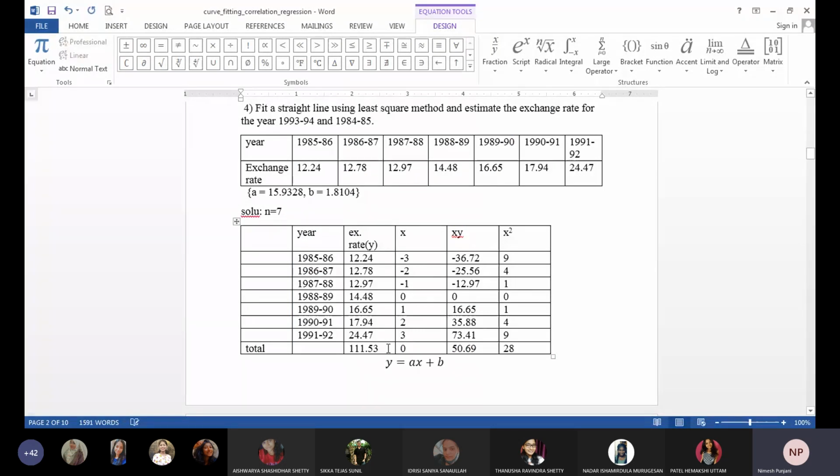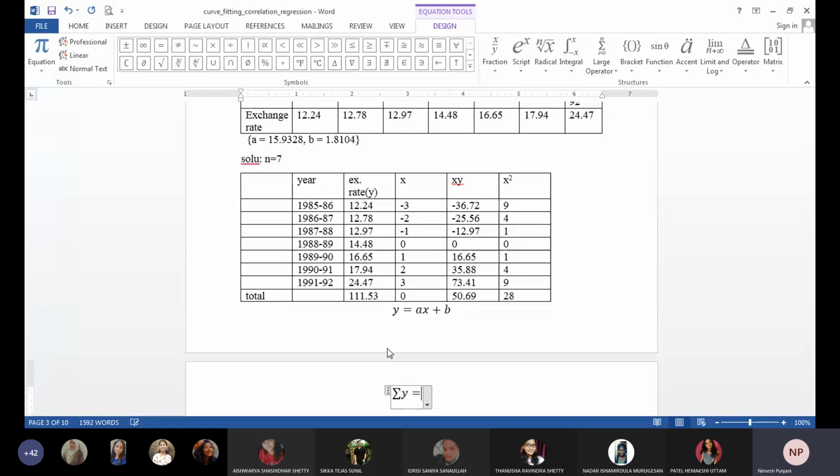The two equations we have to solve are: summation y equals a into summation x plus n into b. And the second equation is summation xy equals a into summation x square plus b into summation x. These are the two equations which we solve.